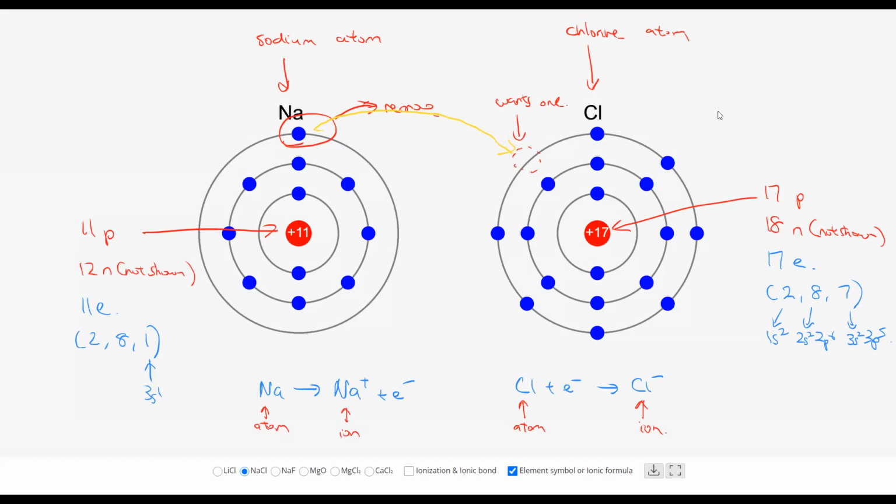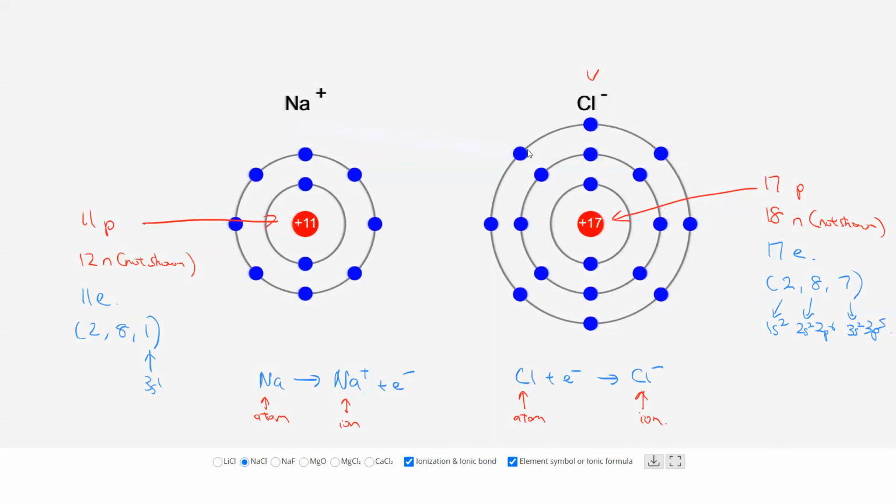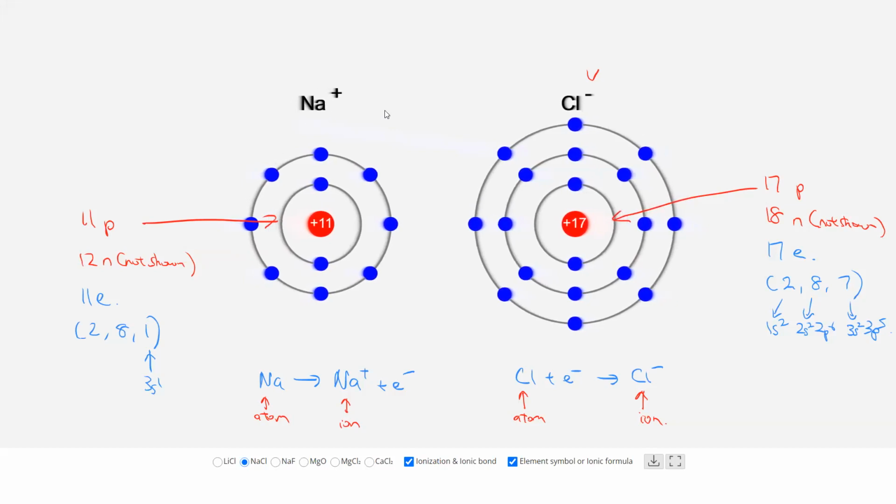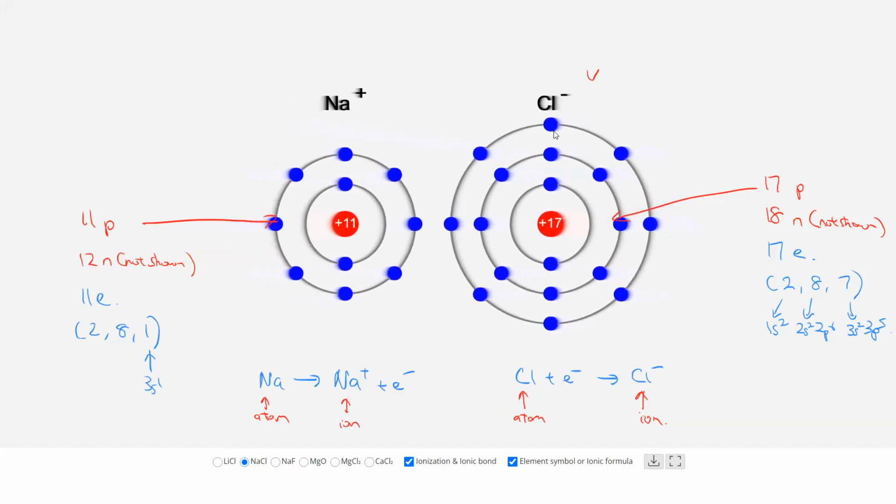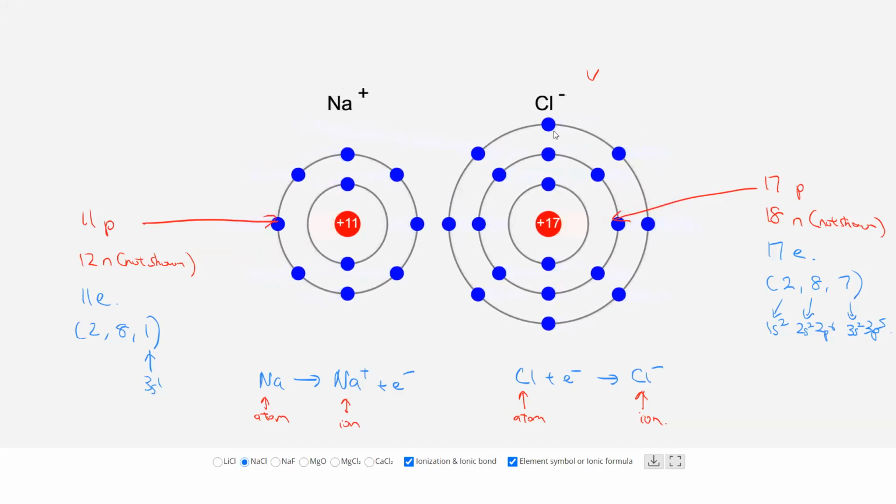So watch carefully what happens as it ionizes, all right? The sodium will lose an electron and the chlorine will gain an electron, and therefore they will both become ions, all right? So watch carefully. Loses an electron, this gains an electron, this is now positive, this is now negative, so they will get together.